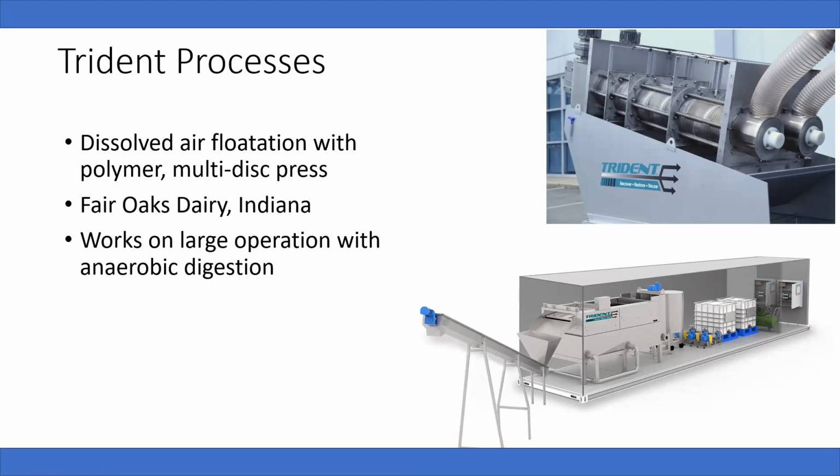And then that float that comes to the top of the dissolved air flotation device is dewatered further using a multi-disc screw press, which you see in the picture there. It's very, very efficient on that large of a farm. You're talking 30,000 cows. So that large scale, it is very efficient.